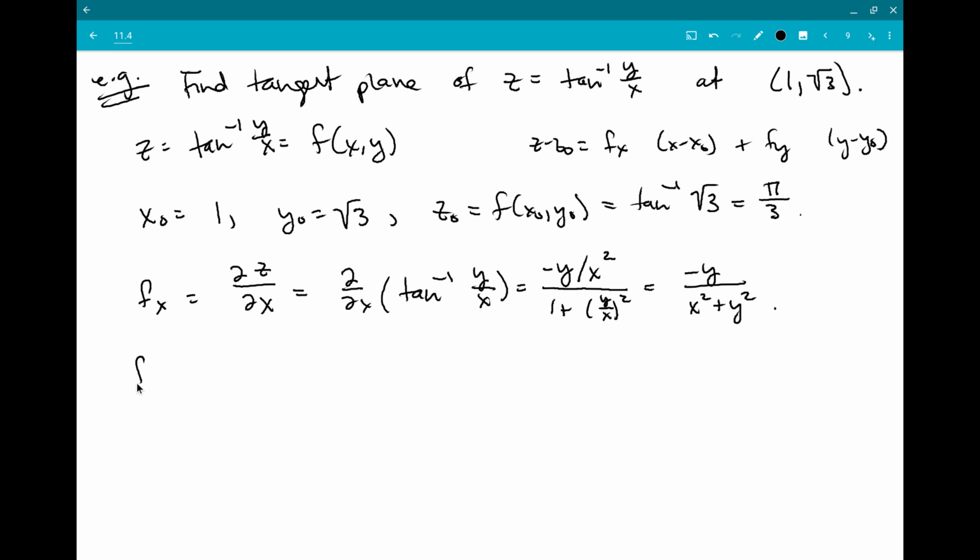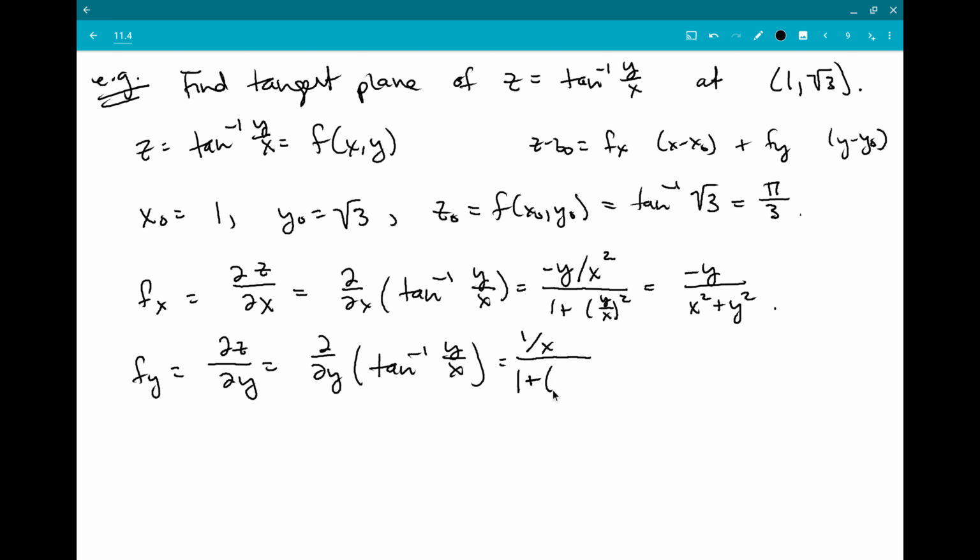And then my f sub y. I should start doing the y one first because it seems to be the easier one almost always. So that's d dy again of the inverse tangent of y over x. Again, I need a chain rule. The derivative of this thing with respect to y is just going to be my 1 over x. And then the derivative of inverse tangent is that 1 over 1 plus y over x squared.